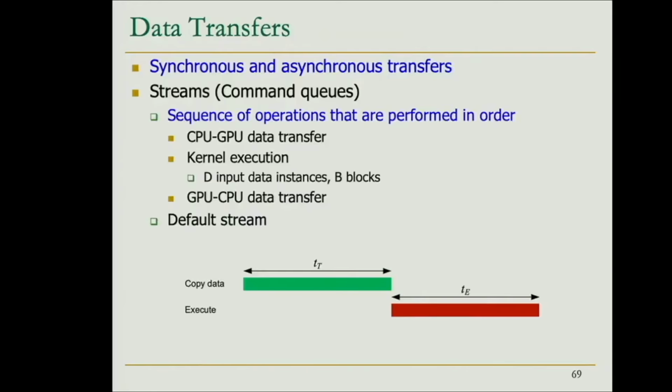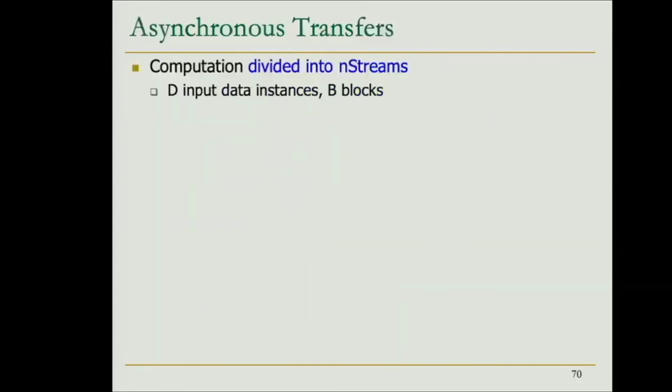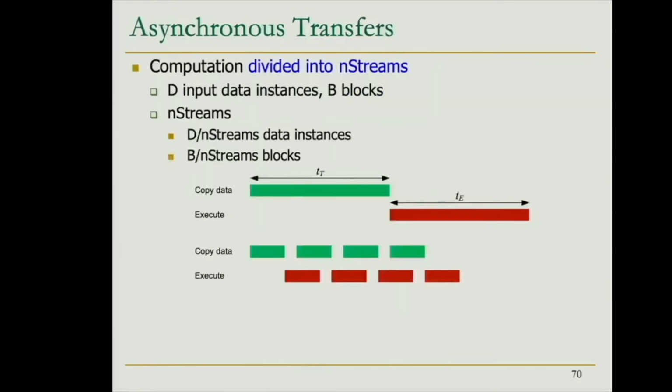As I have transferred, for example, some rows of matrix A and some columns of matrix B, because I was giving you the example of the matrix multiplication, I could actually start the computation of these dot products and compute some of the elements, right? So what we can do is divide the computation into multiple streams such that they are independent. These two are one stream, they are in order, you see, but independent of this stream, and this stream.